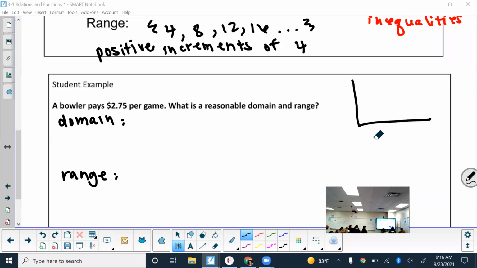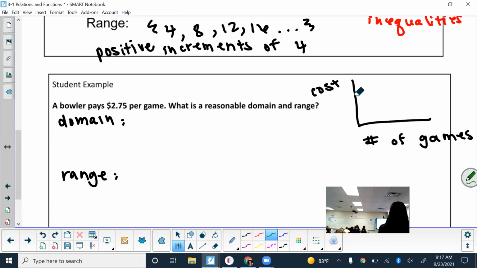My x-axis is normally the independent variable. So it's actually going to be number of games on your x-axis, right? Because the cost depends on the number of games, right? So the dependent goes on your y-axis.